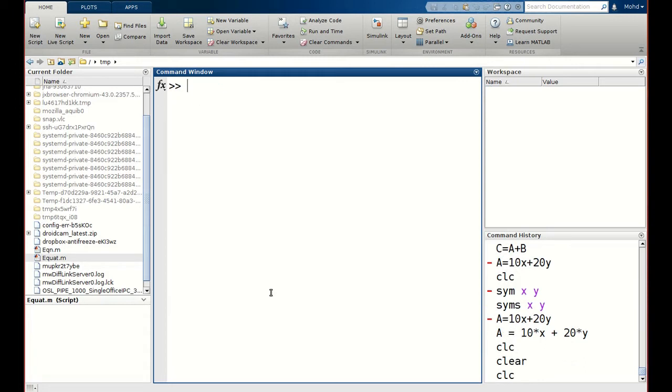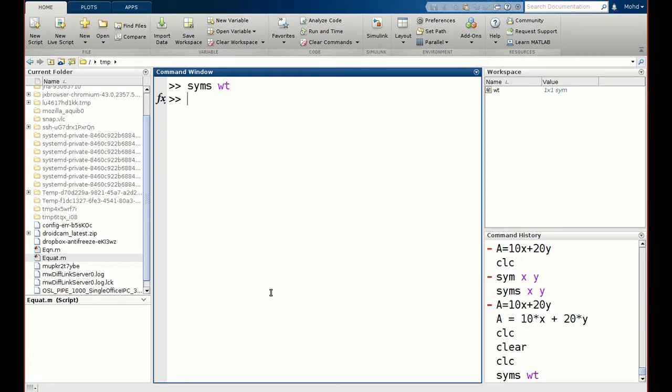So let me define a variable omega t, that we use in various places, mostly in electrical engineering. Let omega t be our variable, and we have a matrix which is basically a sine and cos based matrix.